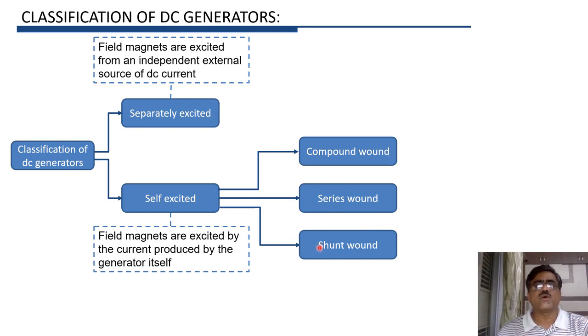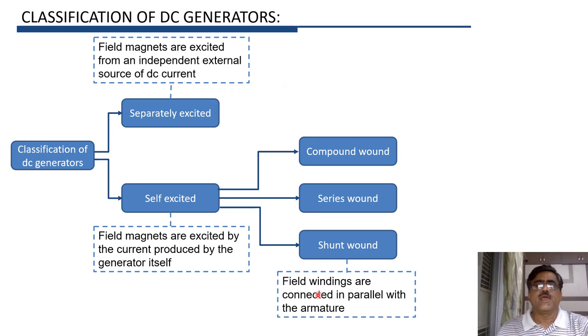Now in case of shunt wound generators, the field windings are connected in parallel with the armature. So if field winding and armature are connected in parallel to each other, then the generator is called a DC shunt generator.